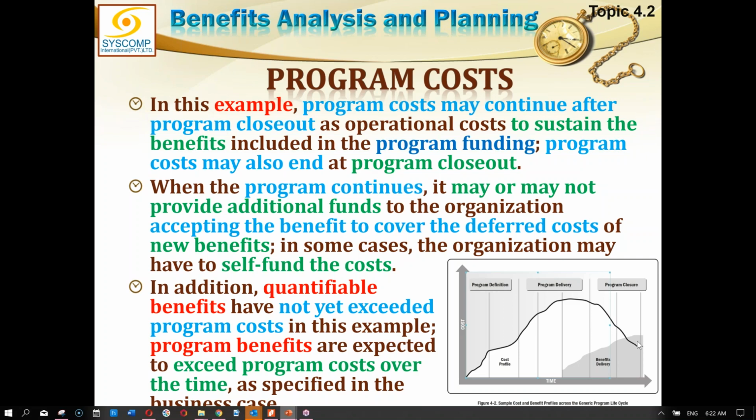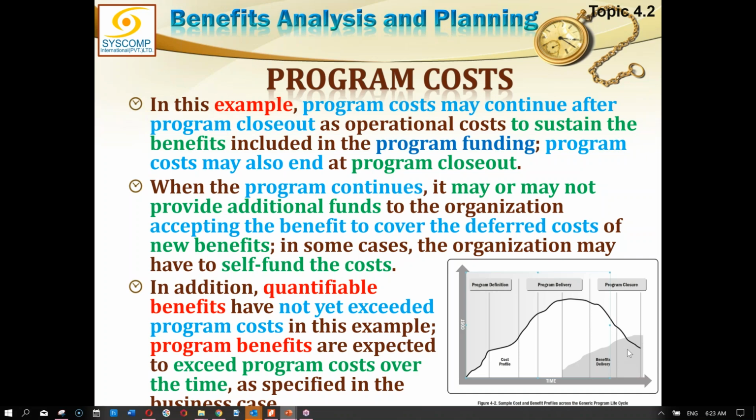But we see that while the program is being closed and handed over, if the initiative is continued, the benefits will keep rising and ultimately they will cross the total cost. The benefits will be more than that. That all will happen after the transition has happened.